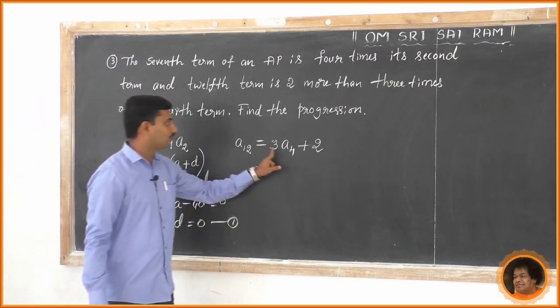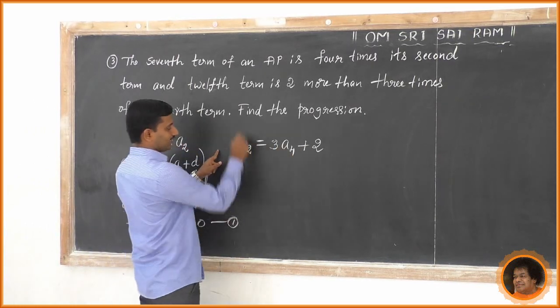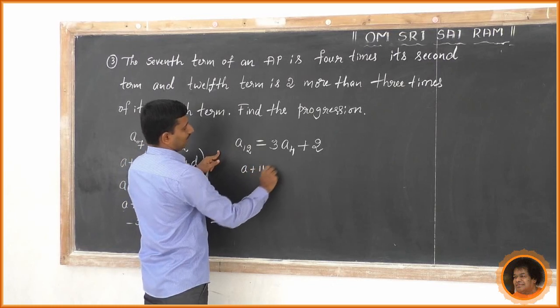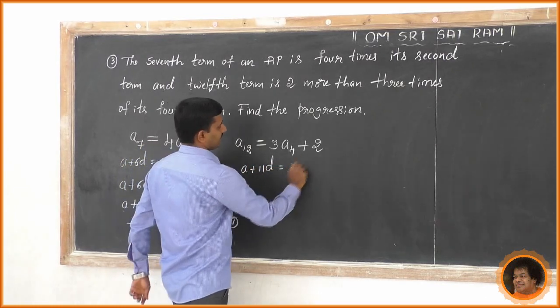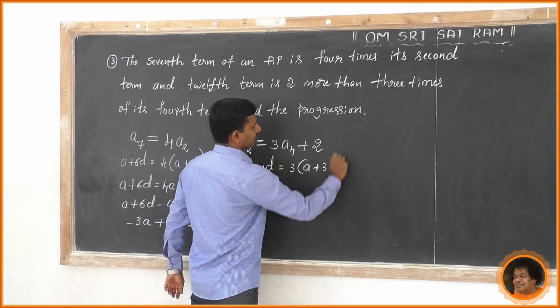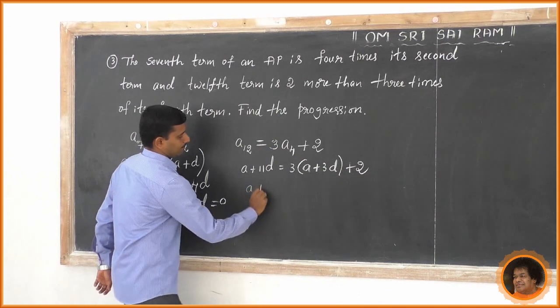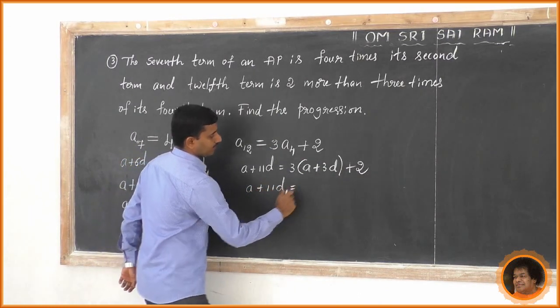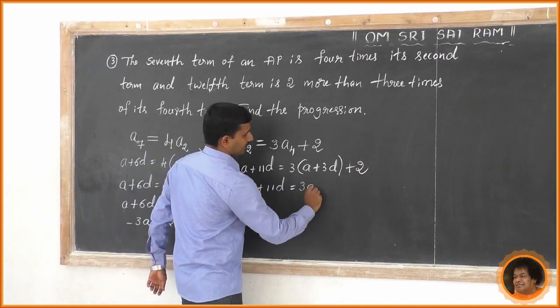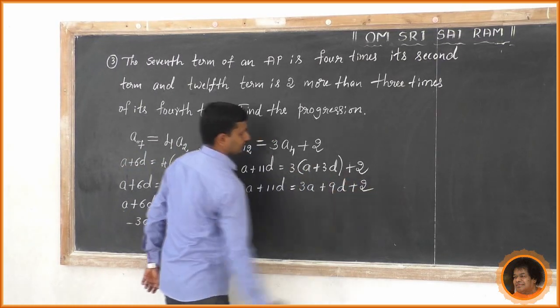Then A12 equals 3 into A4 plus 2. How to write the 12th term? A plus 11D equal to 3 into A4, the 4th term, A plus 3D, plus 2. So A plus 11D equals 3A plus 9D plus 2.